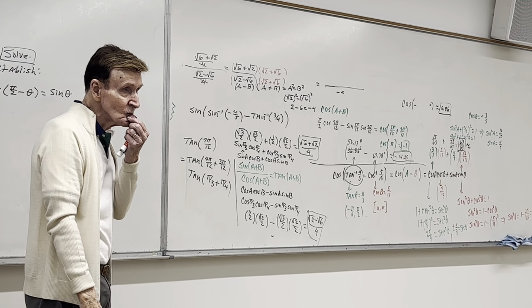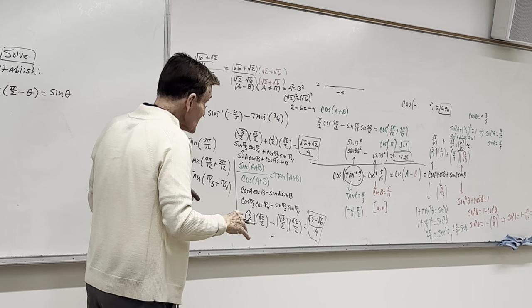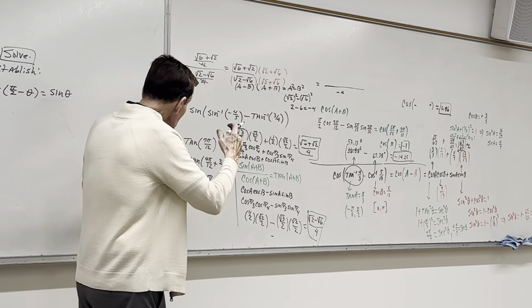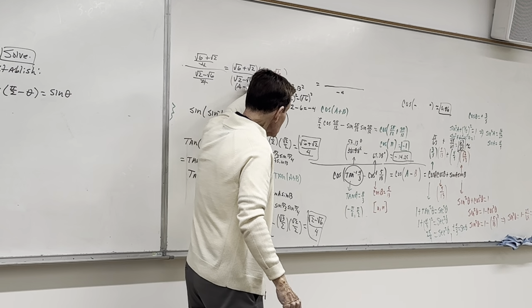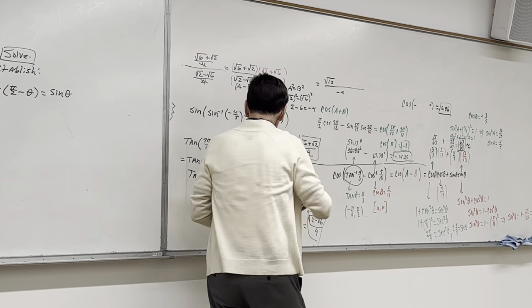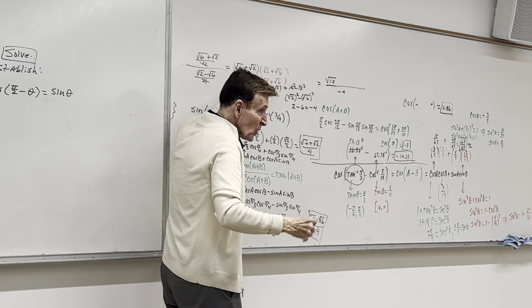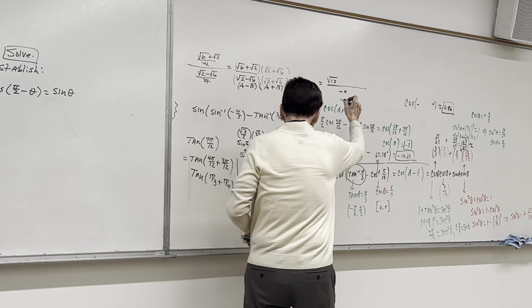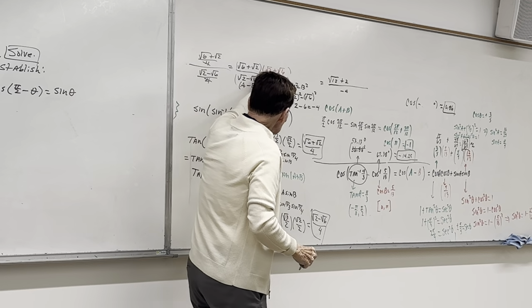Yes or no? Top is not as nice, but I bet some of my students could tell me what you're going to get. When you multiply those two together, guys, this times this is radical 12, isn't it? Like expanding this thing out. I see these two are what, radical 4 or 2? These two, is that 6?